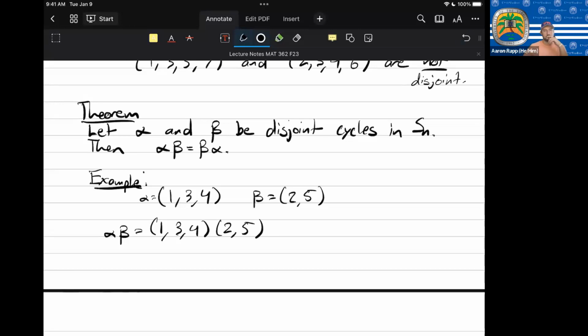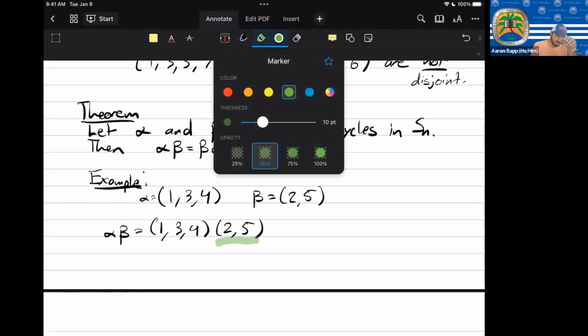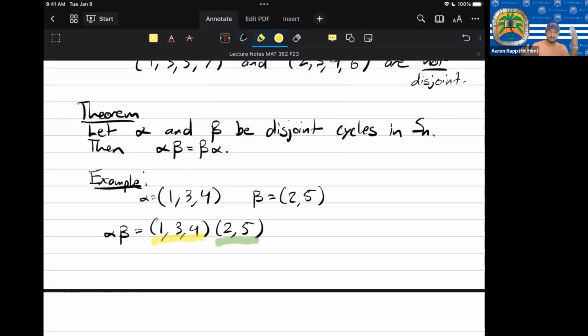So if I pass 1 through this new composition, I'm going to underline green to say first cycle, and yellow for second cycle. Does that, or I guess green will probably be better. So that green cycle, that cycle I just underlined in green, will that do anything to the value 1?